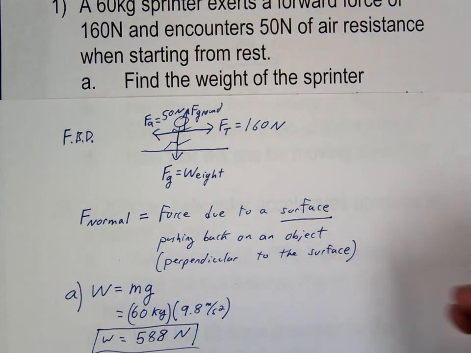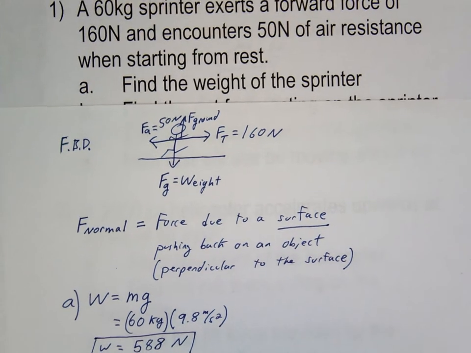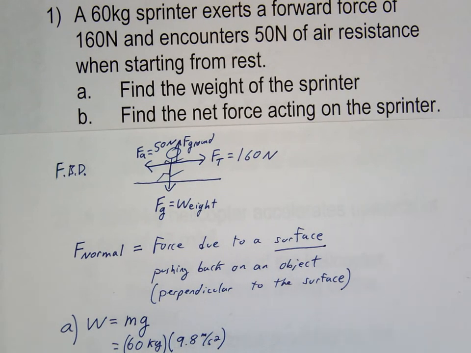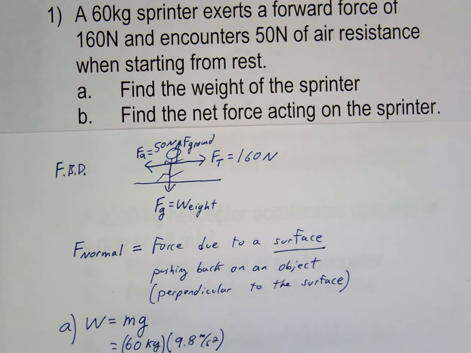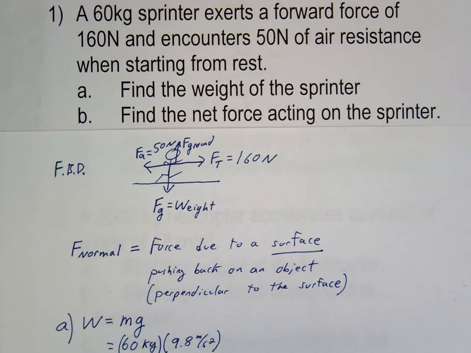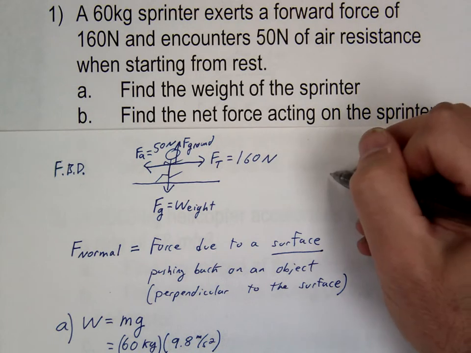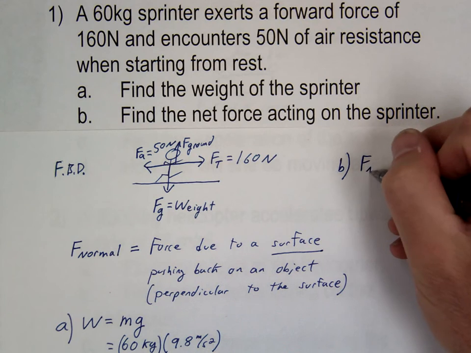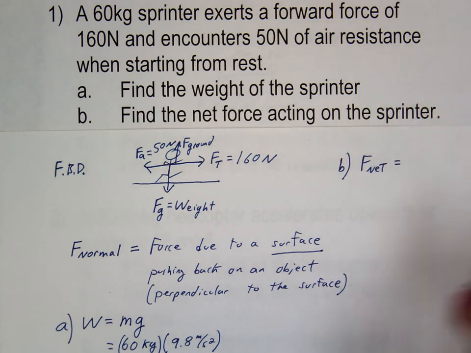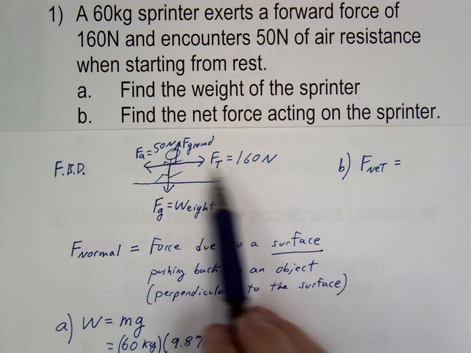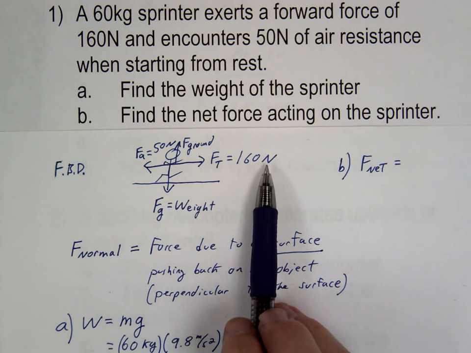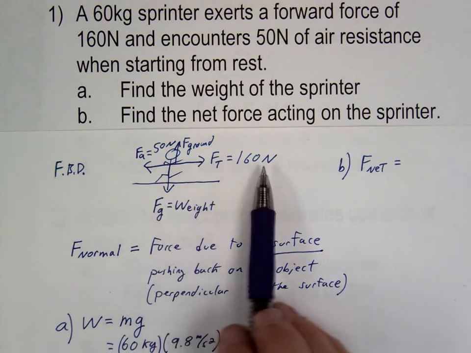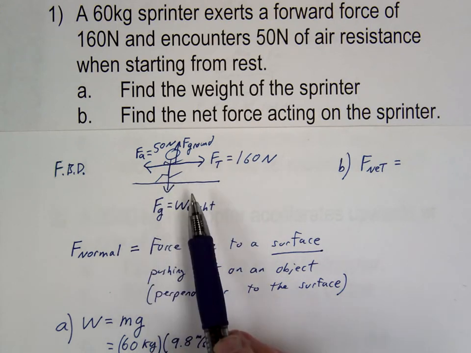Okay, letter B. What was B? Find the net force. Hopefully this should be somewhat straightforward. Just like the tug-of-war problem, we have the sprinter going forward with 160, and there's some air resistance pulling him back. Well, what's his net force? 110.